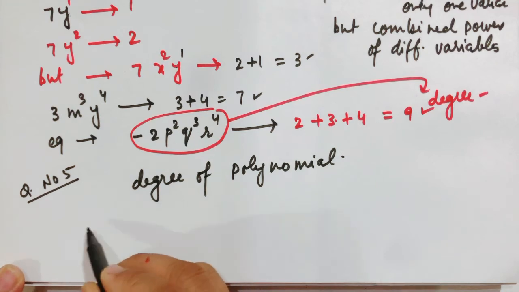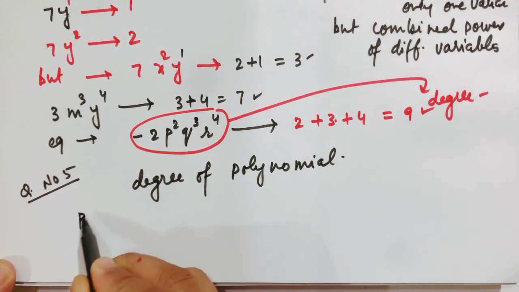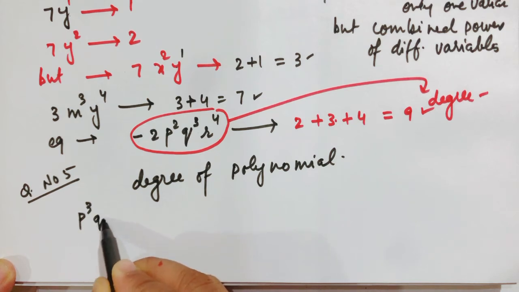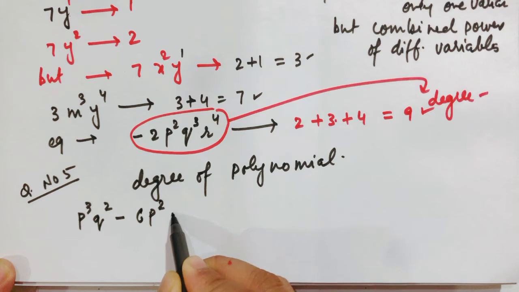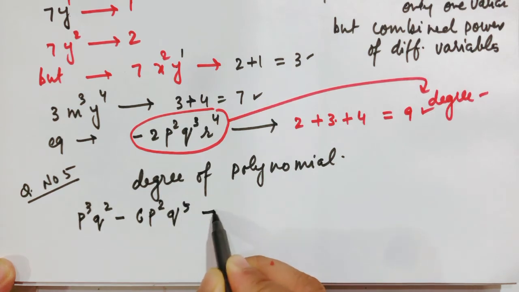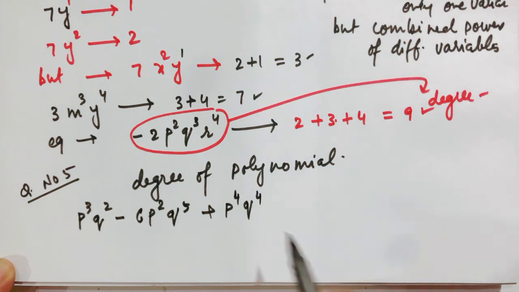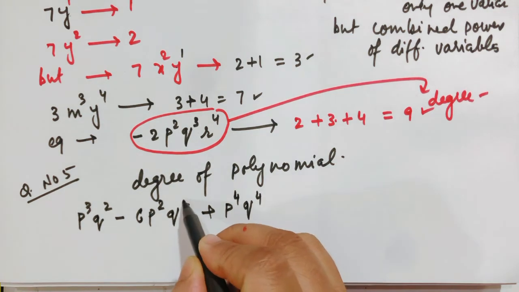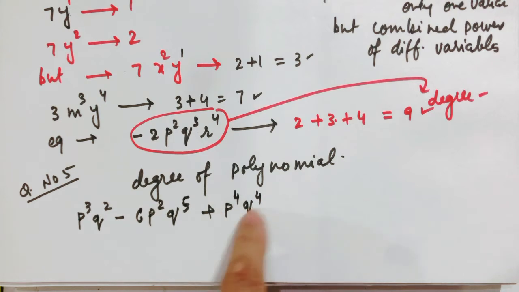Like for example, let us take one polynomial which is given in number 2 as p to the power 3 q square minus 6p square q to the power 5 and p to the power 4 q to the power 4. So here you will first have to find out the degree of each of these terms.